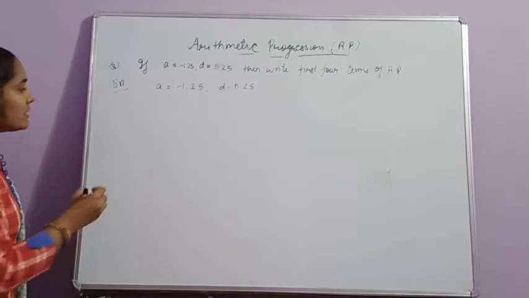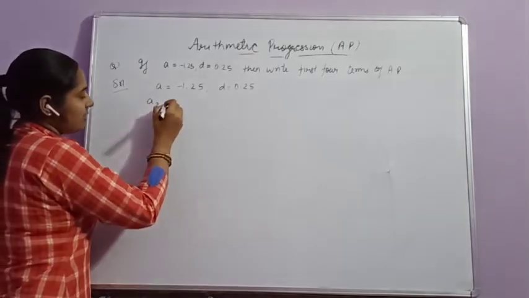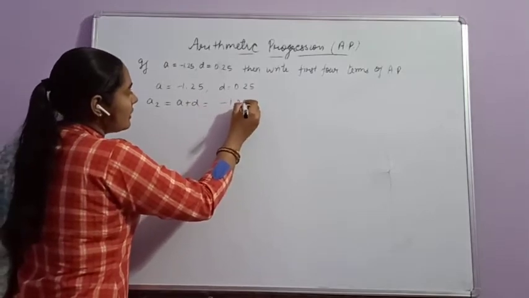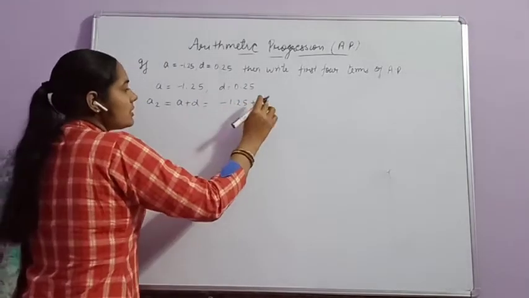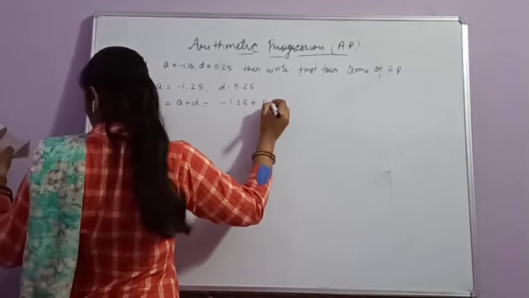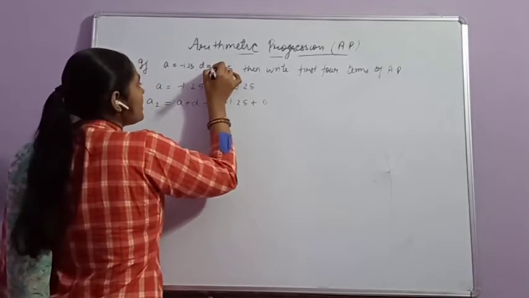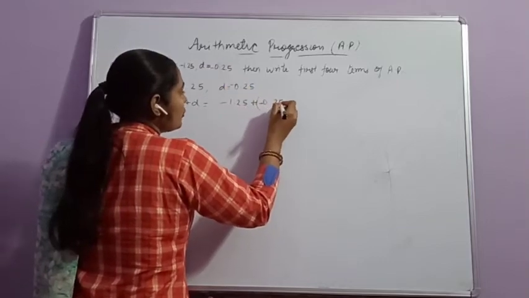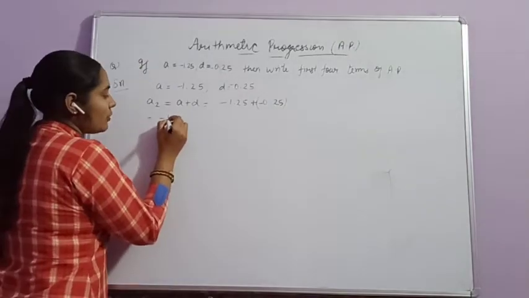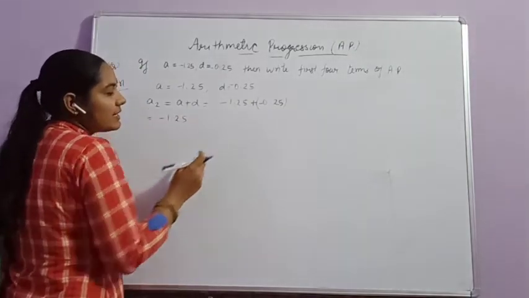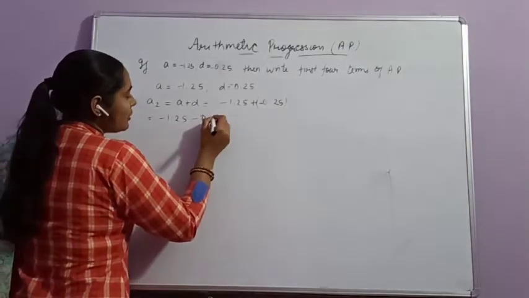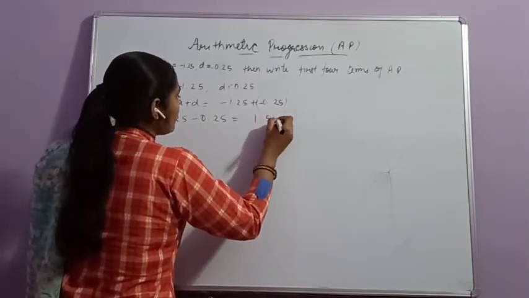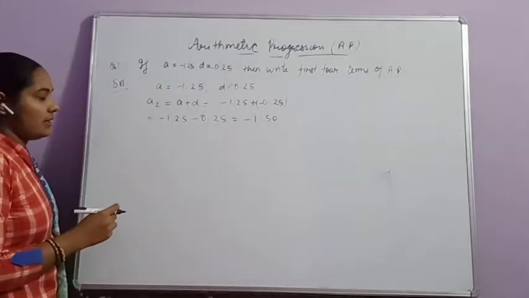Then the second term is A2, that is equal to A plus D. A is equal to minus 1.25 plus D, which is minus 0.25. Minus 1.25 plus minus 0.25, that is equal to minus 1.50. Clear?